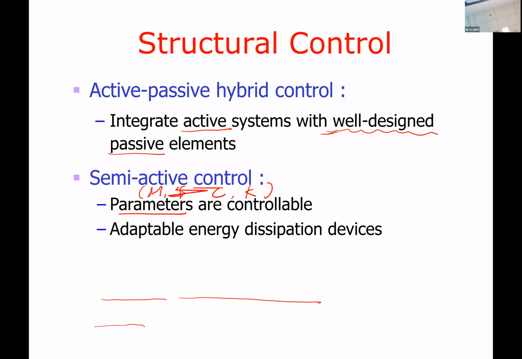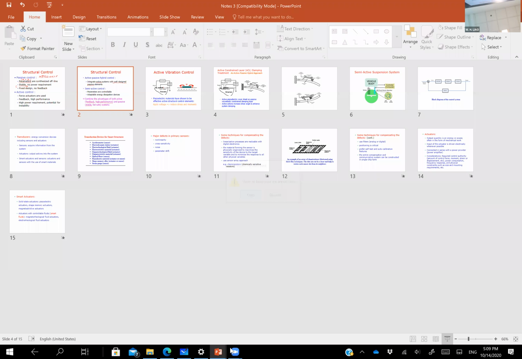One very common approach is to control C, the damping, directly. If you can control damping, it is an adaptable energy dissipation device. That means C is now controllable. So I can draw the diagram again.